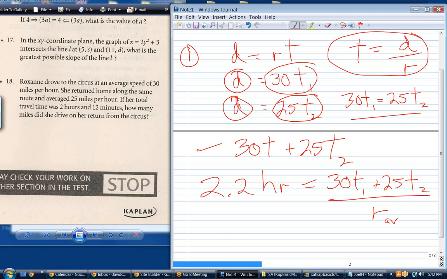We know that R is equal to 2D divided by the total time, which is 2.2.